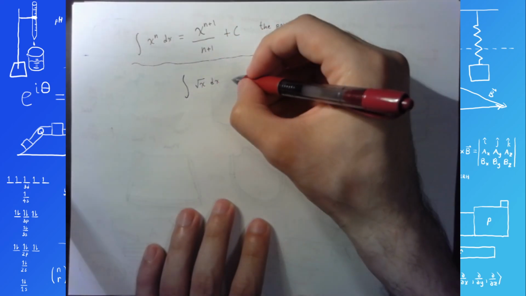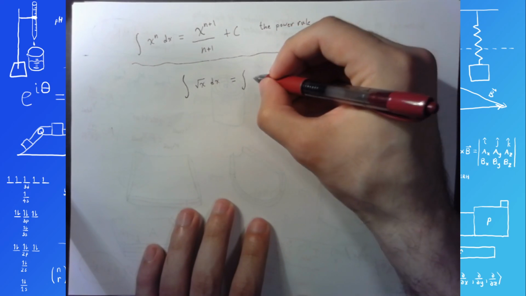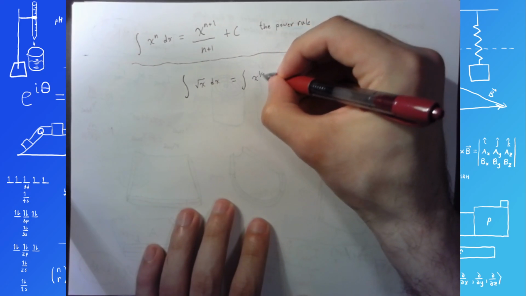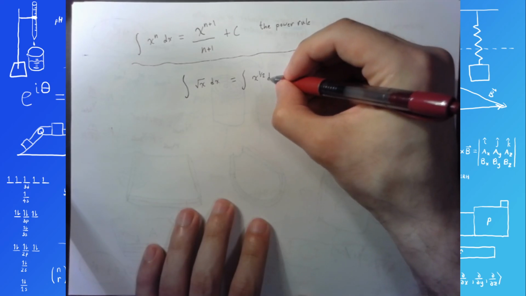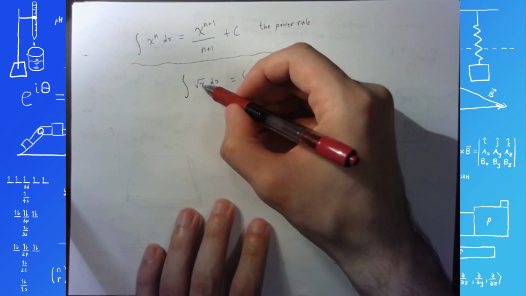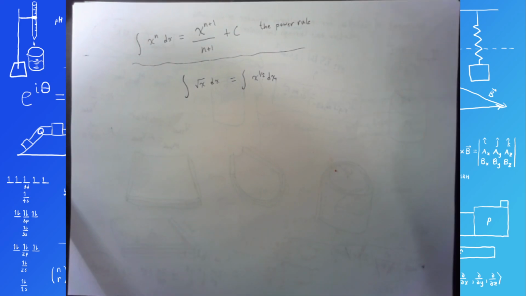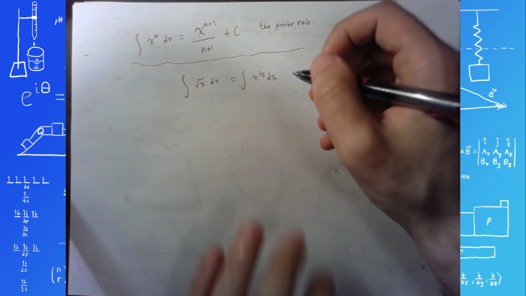The square root of x can be rewritten as x to the 1/2. And if you can't easily jump from here to here, then you might want to review your laws of exponents. You might want to grab a pre-calculus book and just review that for a little bit.